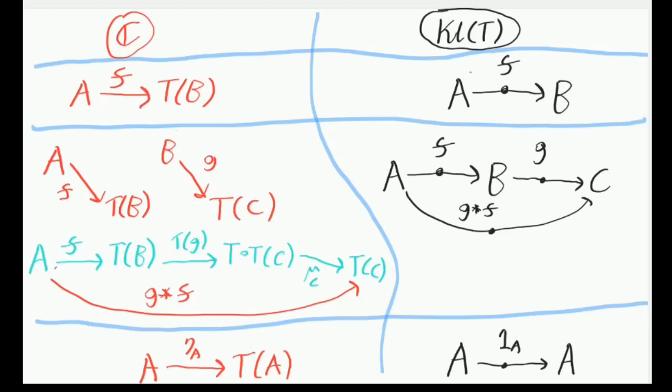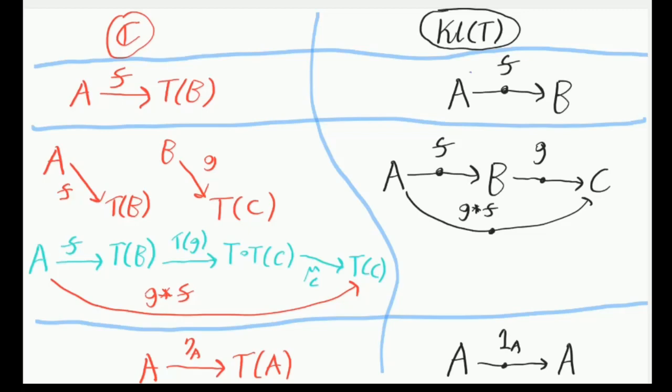And so actually this commuting diagram here tells us how it is that we can compose arrows in this Kleisli category. You see, what we want to do is to make an arrow from A to T of C in our original category.